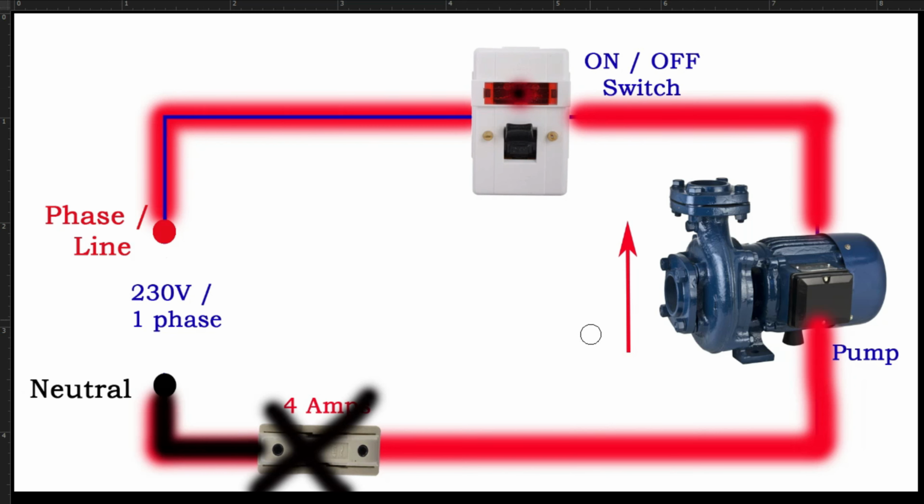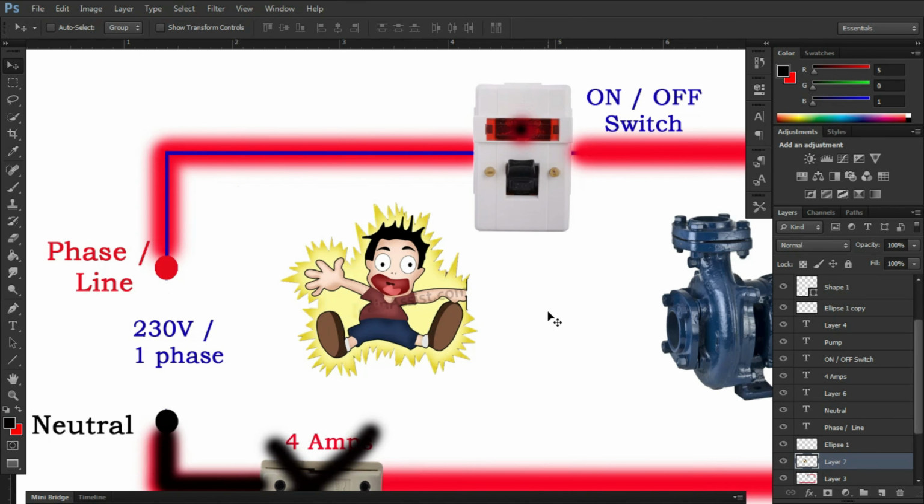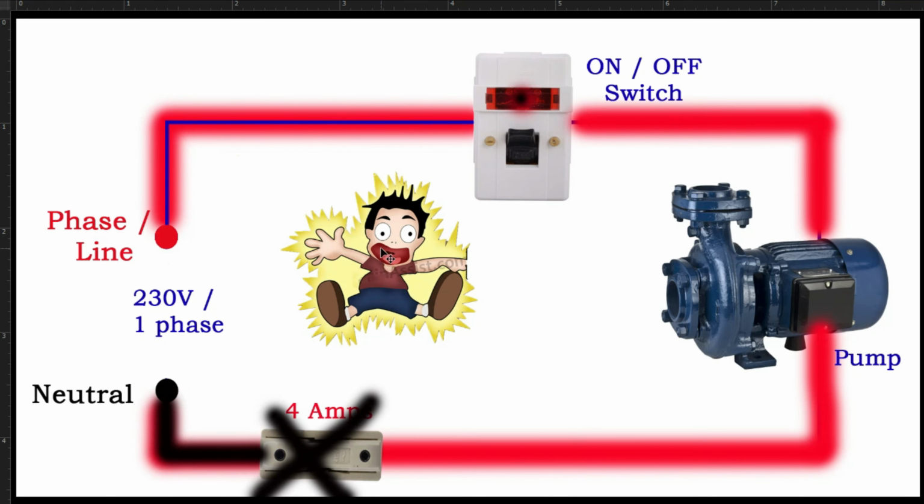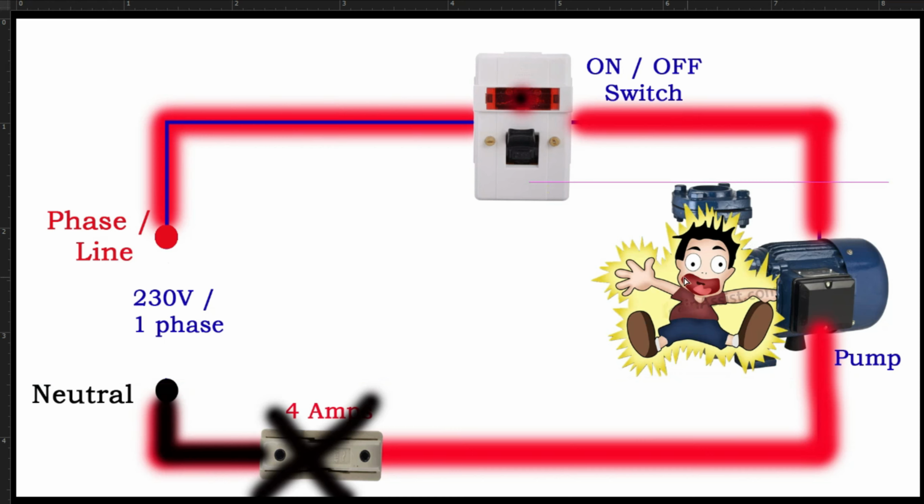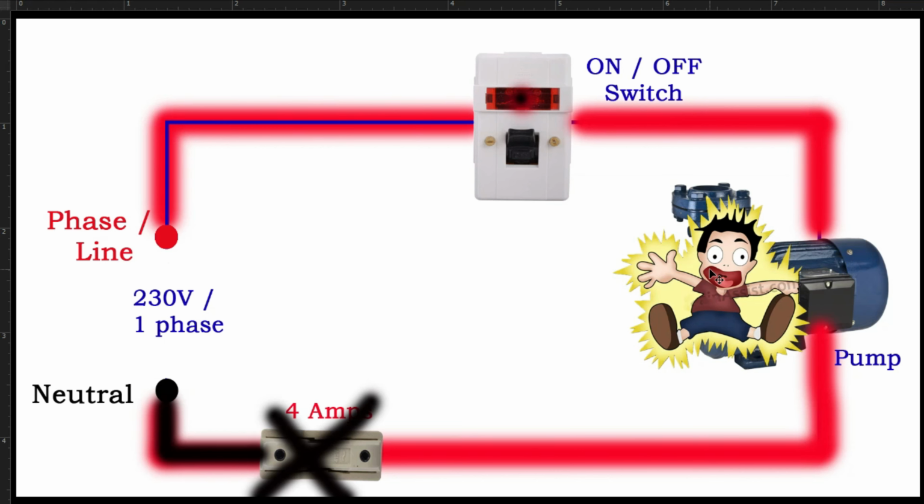When the person touches the pump terminals or switch terminals, the neutral path is obtained by the pump through the human body. So the human body will definitely have a shocking experience.